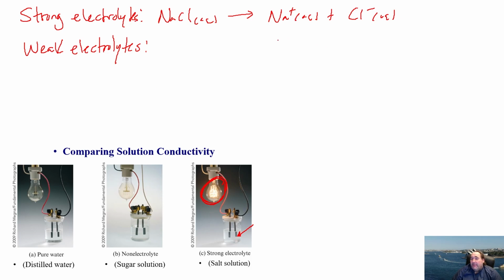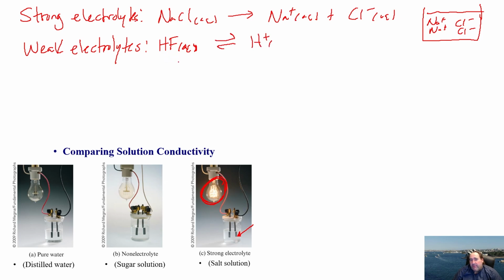So unlike this sodium chloride beaker here, which is pretty much just sodium ions, as I drew earlier, and some chloride ions floating around, let's take a weak electrolyte, say something like hydrofluoric acid. Hydrofluoric acid is actually a weak electrolyte, which means when it does break apart in solution, it will produce some H+ ions and some F- ions.